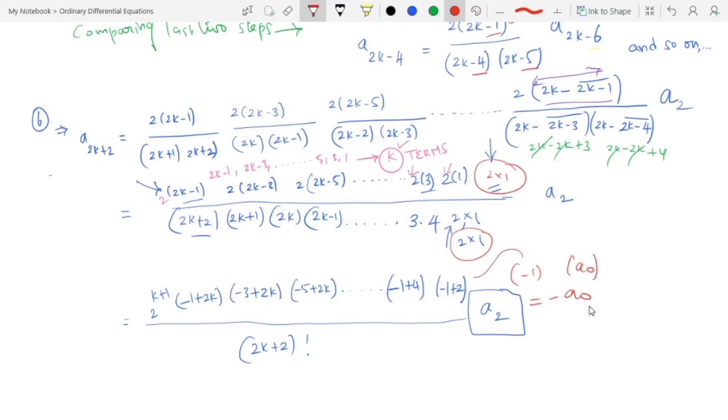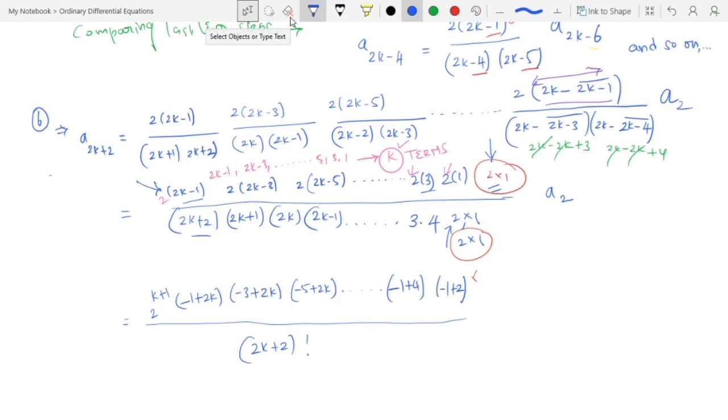Here also we can replace a2 by minus a0, or minus 1 into a0. Connect this minus 1 with the sequence. We can rewrite it as minus 1 plus 0, minus 1 plus 2, minus 1 plus 4, minus 1 plus 6. That means minus 1 plus consecutive even numbers.